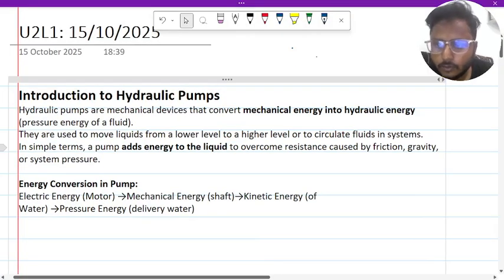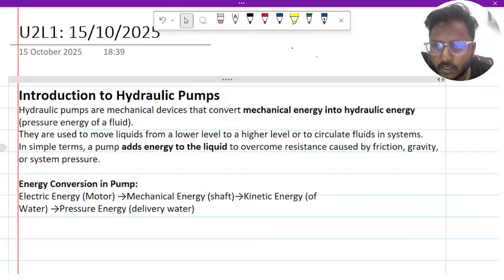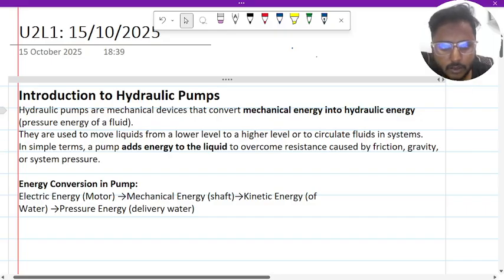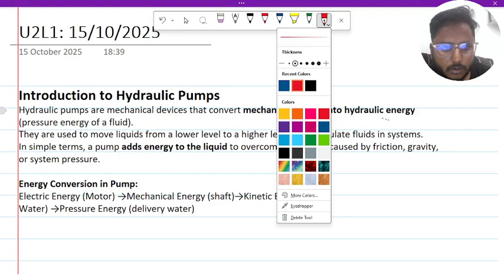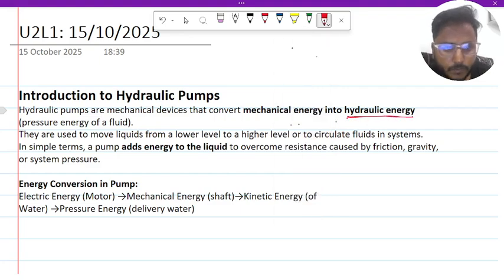Hello everyone. So in this particular lecture we are going to understand the hydraulic pumps. So what is a hydraulic pump? These are mechanical devices that convert mechanical energy into hydraulic energy, and hydraulic energy is nothing but pressure energy.